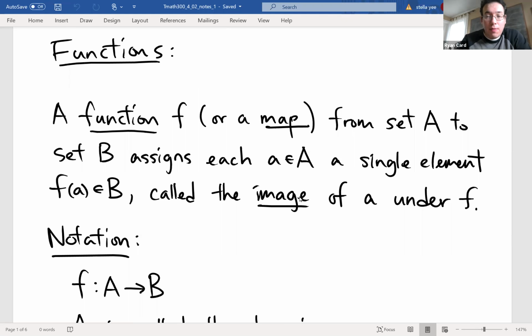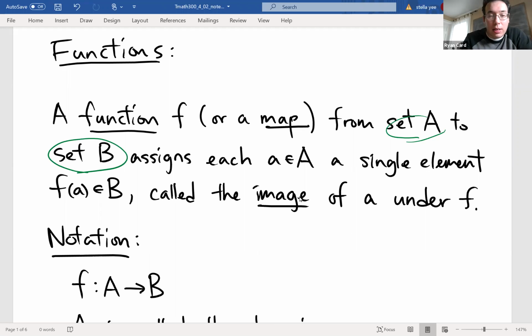So a function, or sometimes called a map, is a rule that takes elements from one set, A, called the domain, and assigns each a single element in the range.